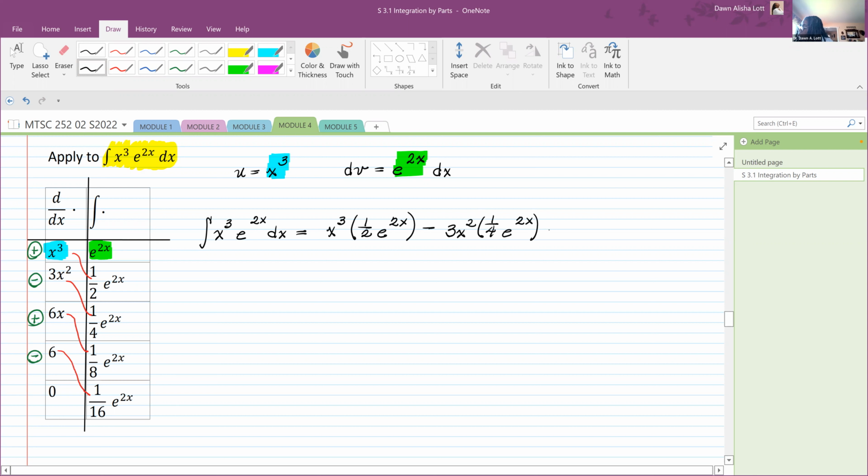Next one's positive, 6x times 1/8 e to the 2x. And the last one is negative, minus 6 times 1/16 e to the 2x. And then of course I'm done, so I get a constant. All right, y'all ready?